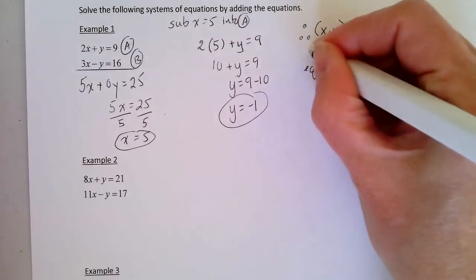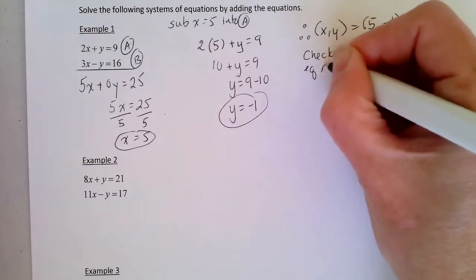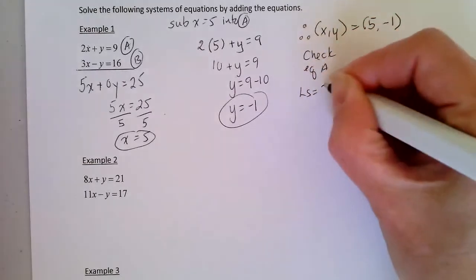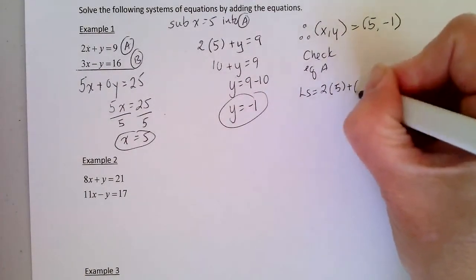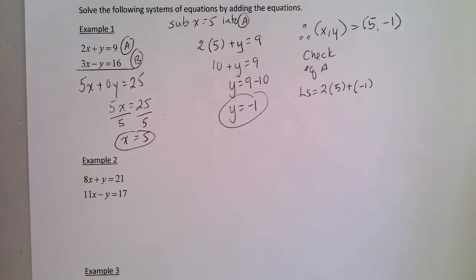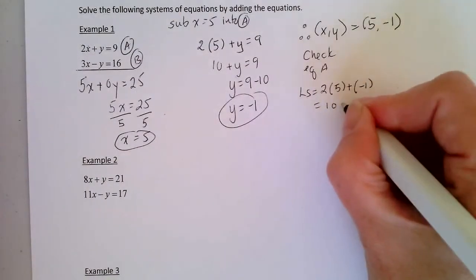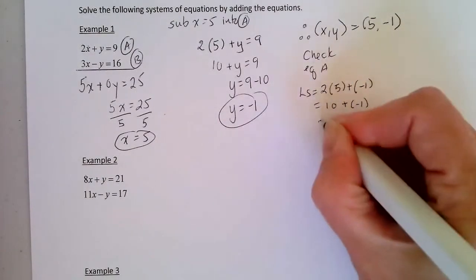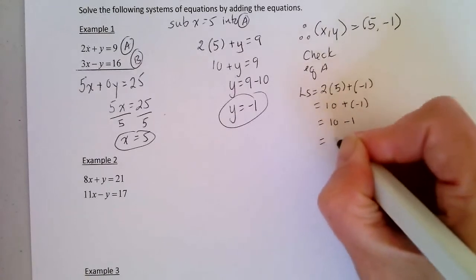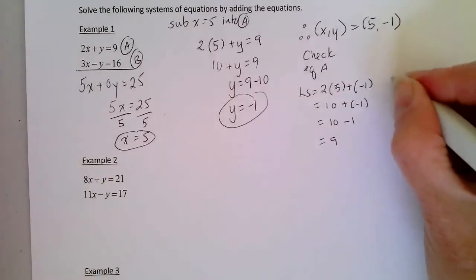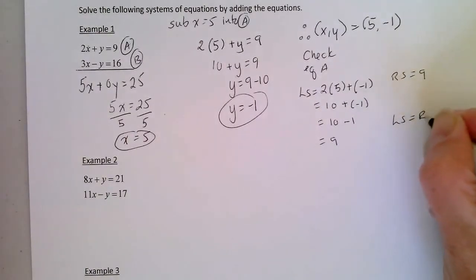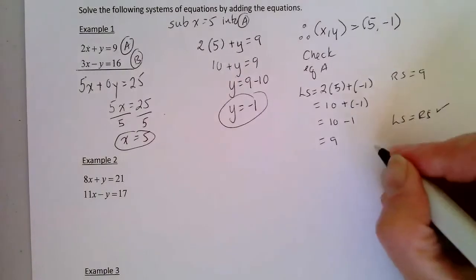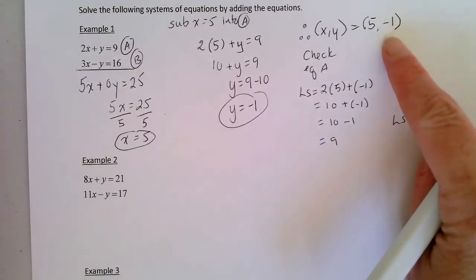So for equation A, the left side will be 2 bracket, replace the x with 5, plus the y value, which is replaced with negative 1, which becomes 10 plus negative 1, which is 10 subtract 1, which is equal to 9. And the right side was equal to 9. So left side equals right side. That means (5, negative 1) is indeed a point on line A.